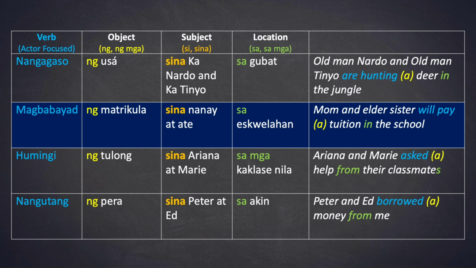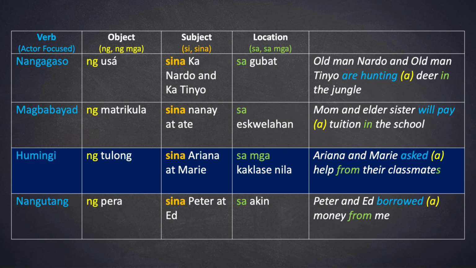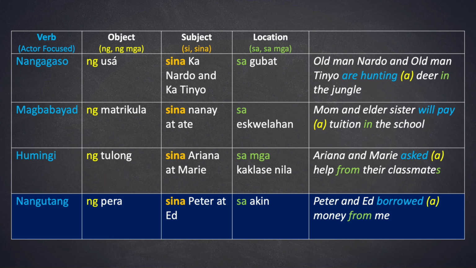Magbabayad ng matrikula sina nanay at ate sa eskwelahan. Mom and elder sister will pay tuition in the school. Humingi ng tulong sina Ariana at Marie sa mga kaklase nila. Ariana and Marie ask help from their classmates. Nangutang ng pera sina Peter at Ed sa akin. Peter and Ed borrowed money from me.